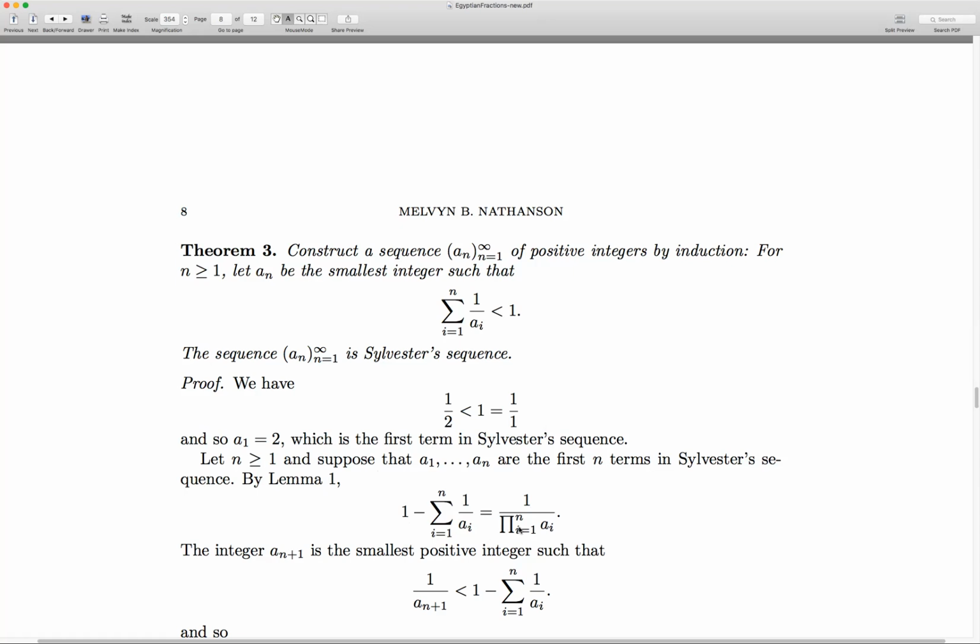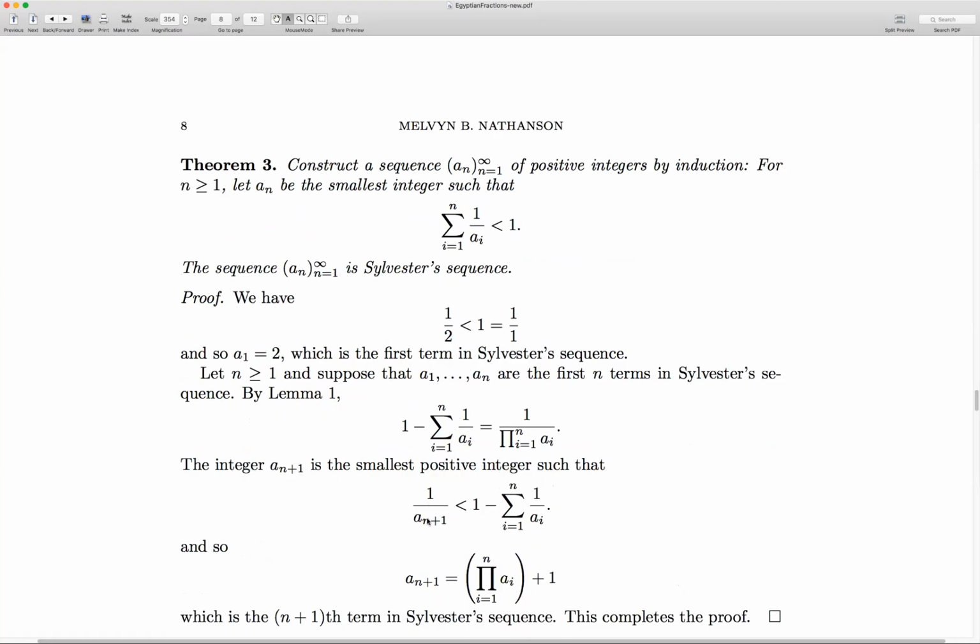So the largest Egyptian fraction, the one with the smallest denominator, which is strictly less than this, is the Egyptian fraction whose denominator is this product plus 1. Okay. So 1 over An+1 is the largest Egyptian fraction, or the fraction with the smallest denominator, that satisfies this inequality. It's exactly the product of the first n A's plus 1, which is the n+1st term in Sylvester's sequence. So Sylvester's sequence is constructed in this way.